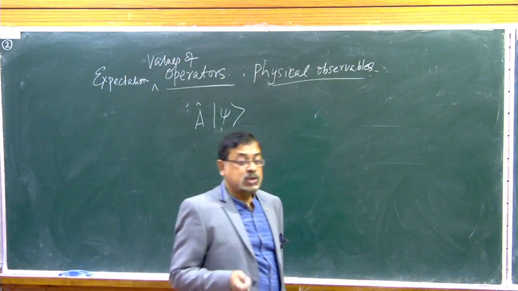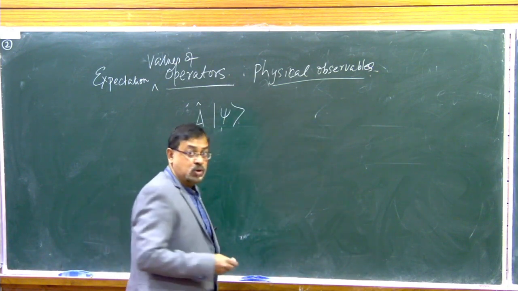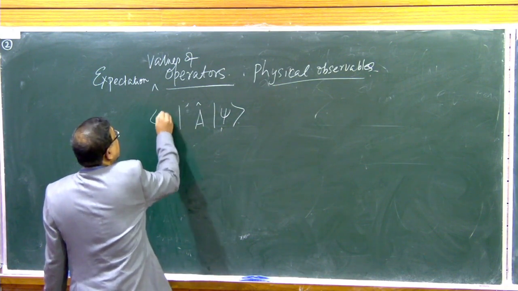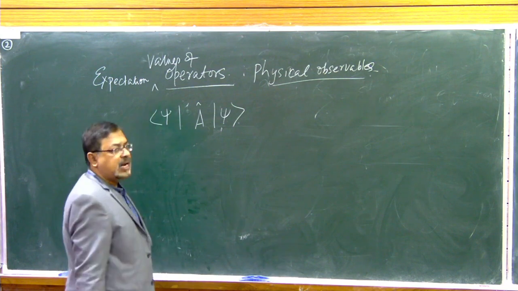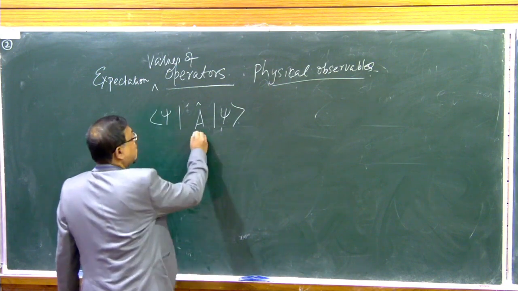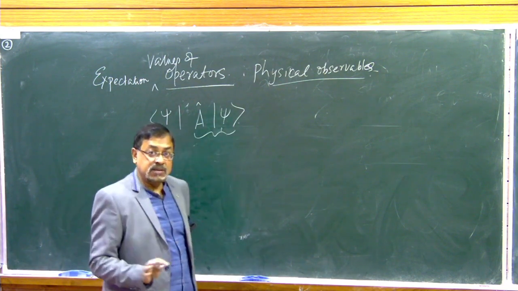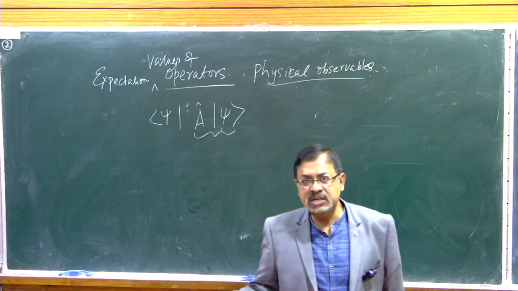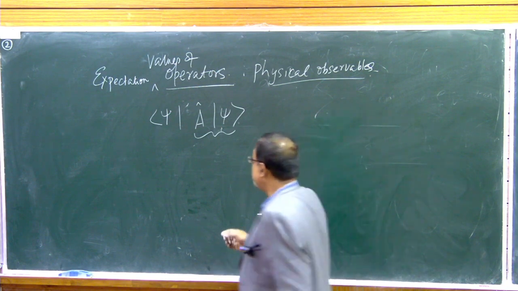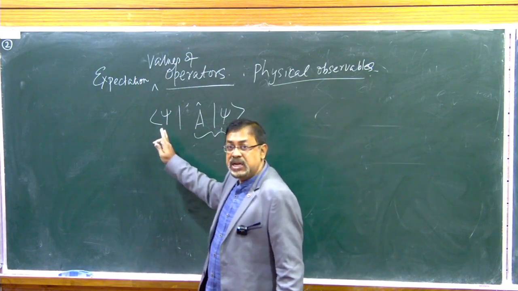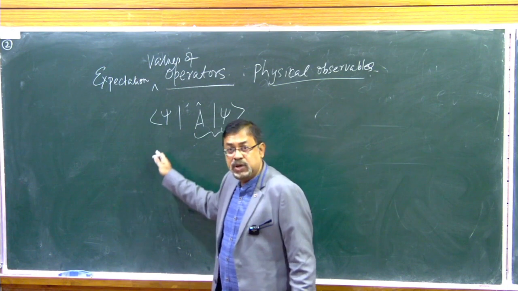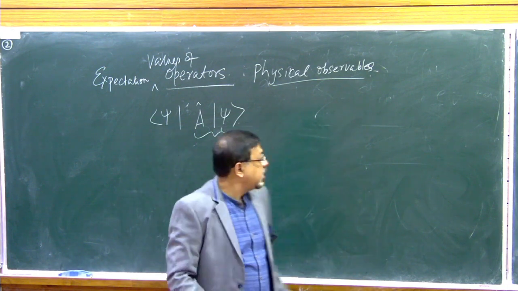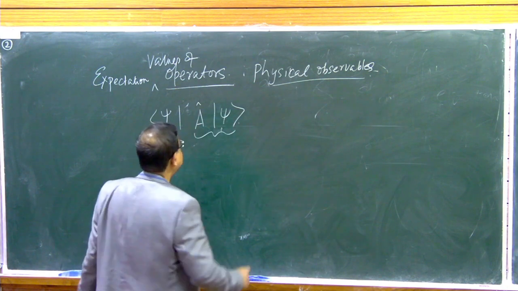Okay, but what it means here, it could be same, but it could also be different. If you take an inner product of this quantity, which itself is a matrix, because A is a matrix which acts on a column vector, and I now take an inner product with the conjugate bra of this wave function here, this is called the expectation value.